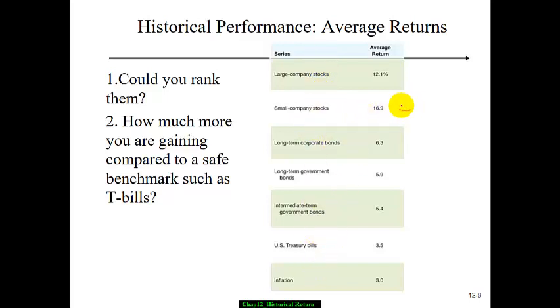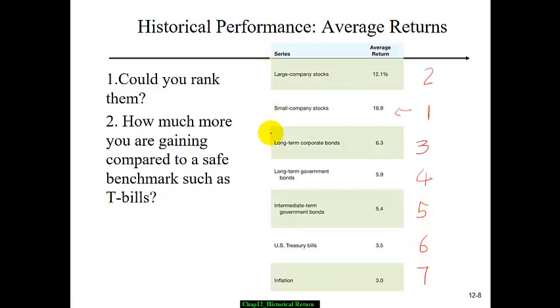As you see, small stock on average has a 16.9% annual return. That's our first winner, followed by the return on large company stock. Then we have the bonds: long-term corporate bond, followed by long-term government bond, then intermediate-term government bond. Lastly, T-bill treasuries and inflation.